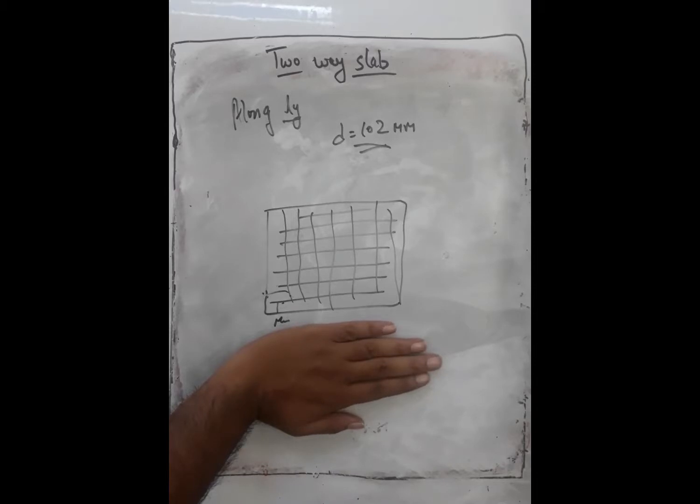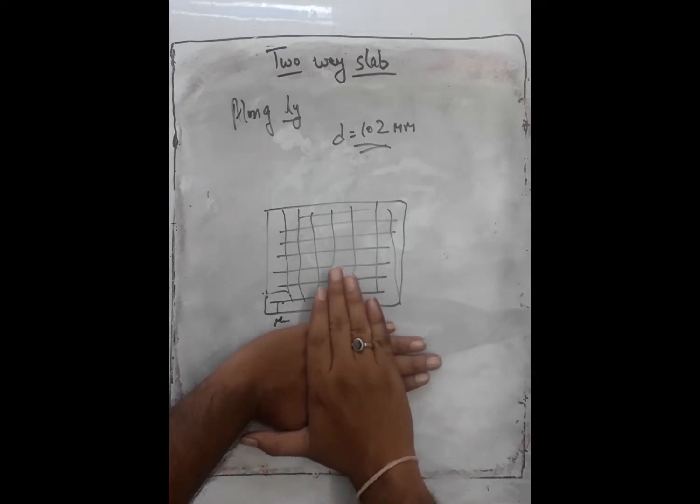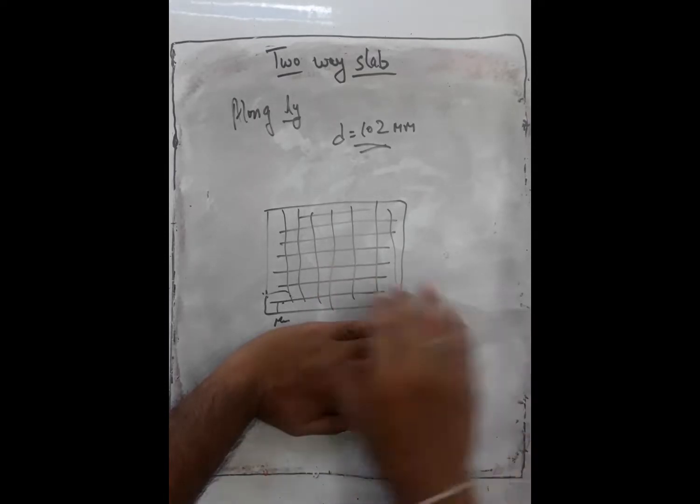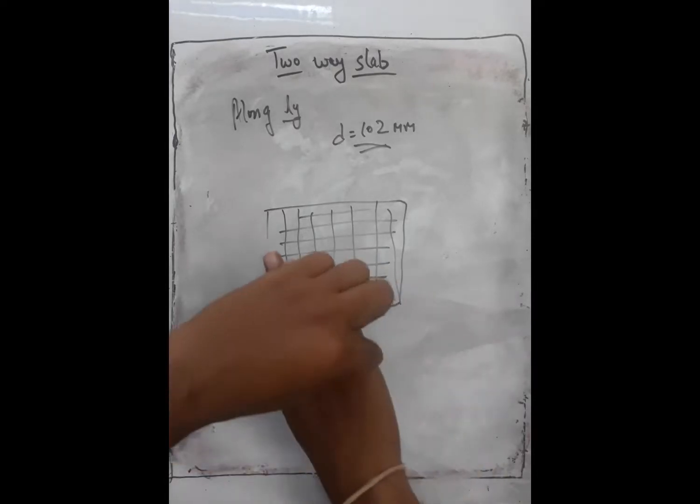Now we have to provide the reinforcement along the longer span, so this reinforcement is put like that. Now I have to measure the effective depth from the top. For the shorter span I measure up to that point, and for this span I measure up to this point.